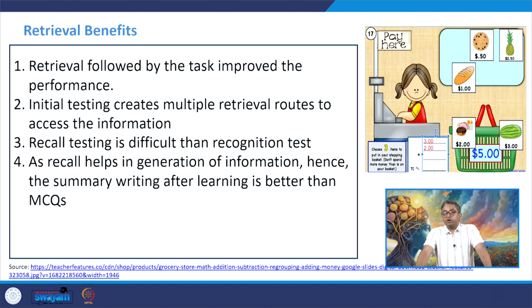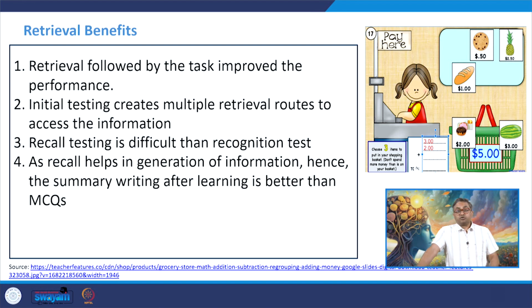But till this point, we are still talking about the individual effect. Now, as I said, recall testing is more difficult than the recognition test, as recall helps in generation of information. Hence, summary writing after learning is better than MCQ.